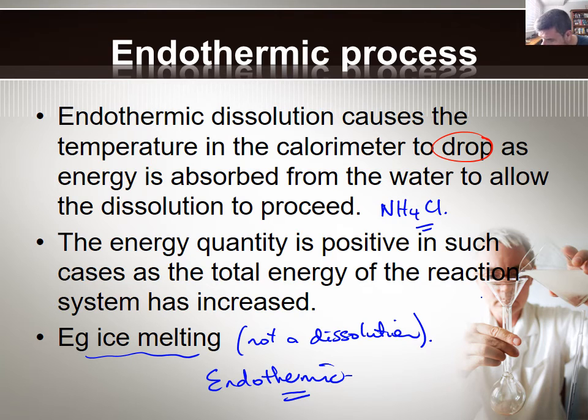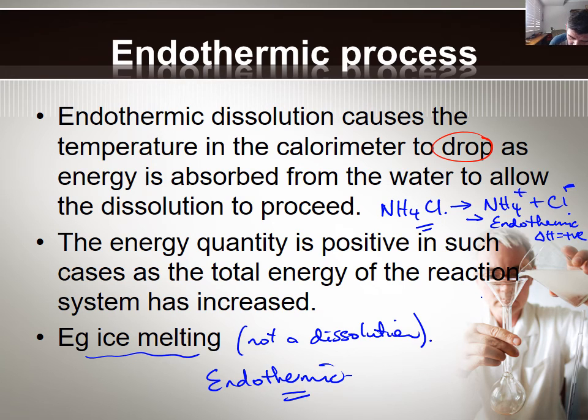So again, if what we're looking at is ammonium chloride, then we're going to have ammonium ions and chloride ions, and in this direction it is endothermic, with a delta H value that is positive. The energy is positive because the total energy of the system has increased. The energy has come into the system from the surroundings, and hence the temperature of the surroundings has decreased.